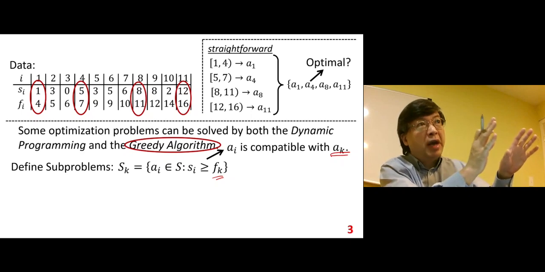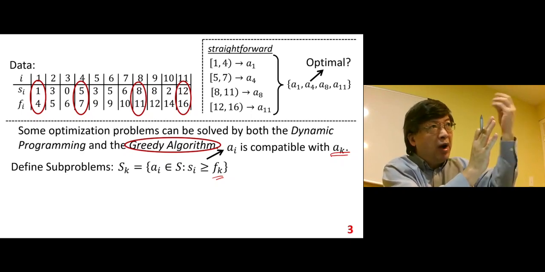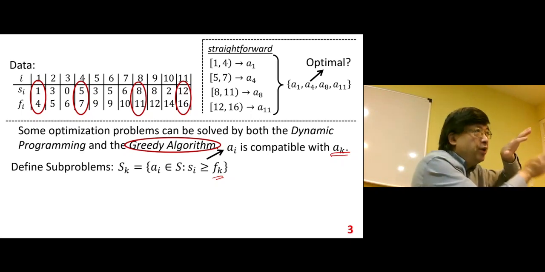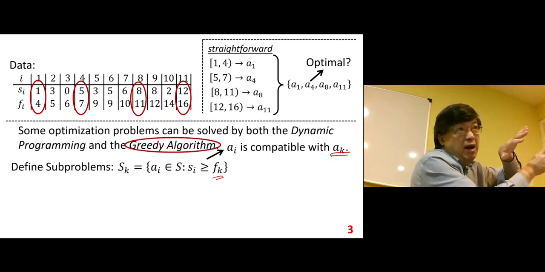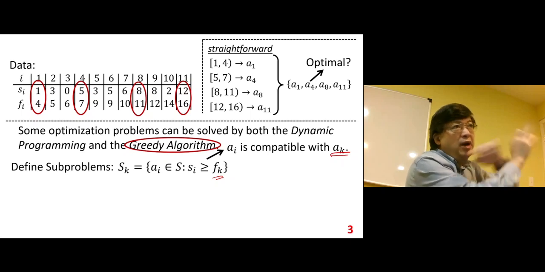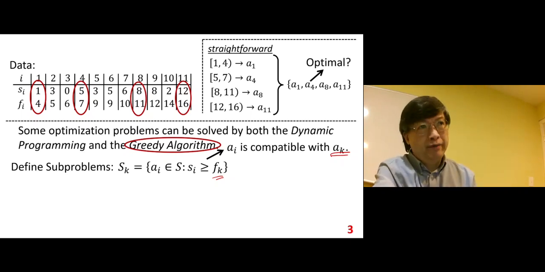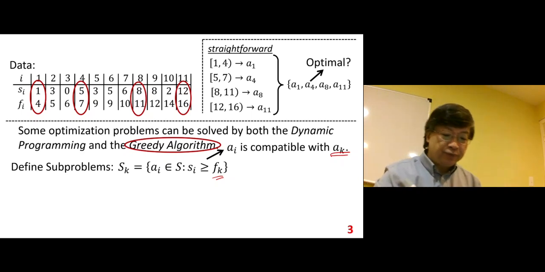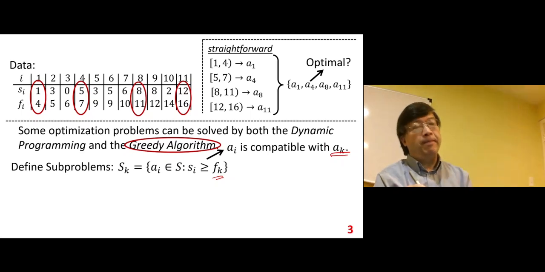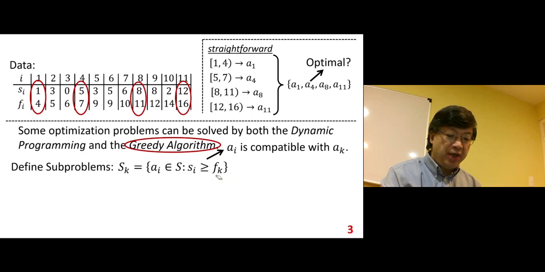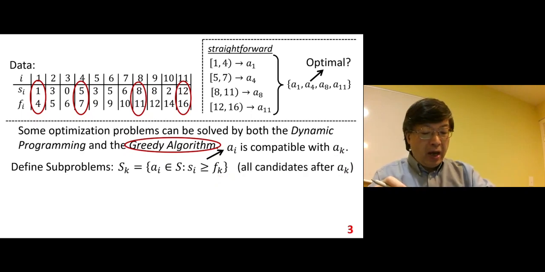Another way to get compatibility is for one activity to be before the starting time of activity Ak, but we don't take that. We just take activities compatible with Ak, but after Ak. That's the meaning.